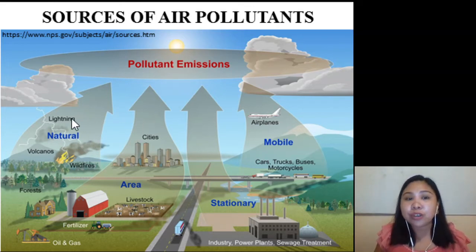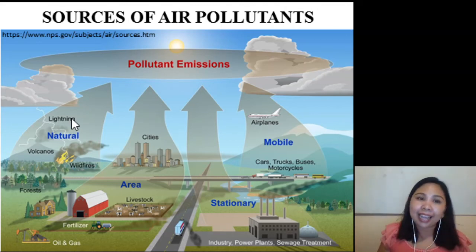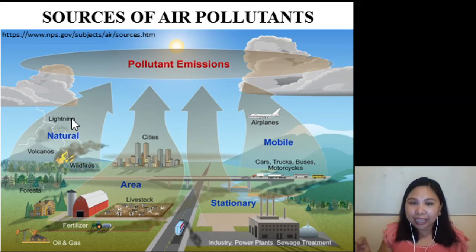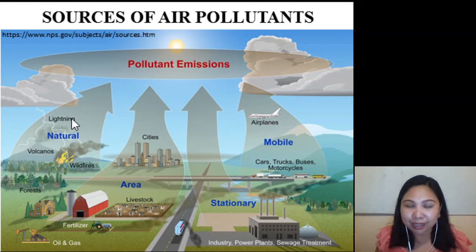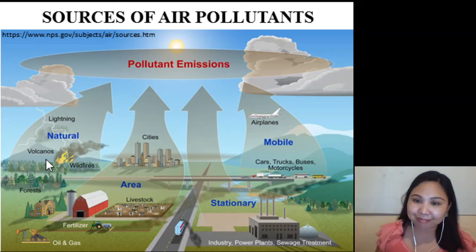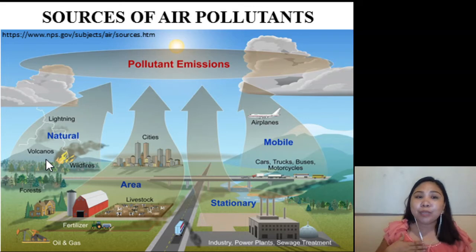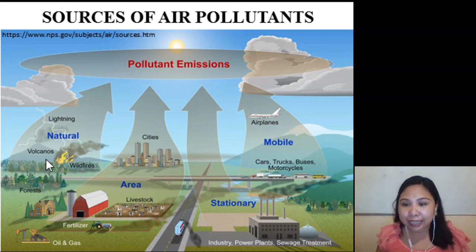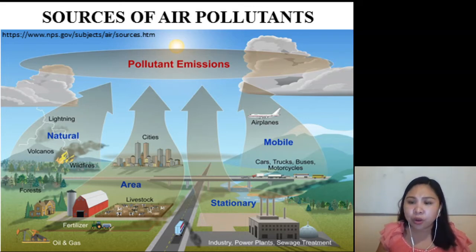We have the natural sources, which include lightning. Whenever there's lightning, it is emitting pollutants. Thermal pollution, the volcanoes: whenever there is a volcanic eruption, it releases pollutants. We will look later at what volcanoes release.